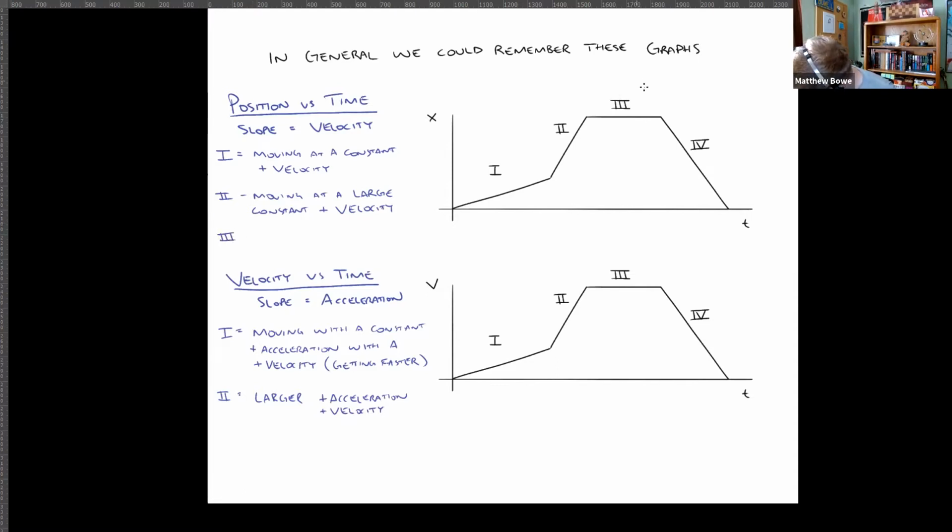In section 3 up here, we see that it's not moving at all, but it is some distance away from where it started. So stationary at a distant point. Okay.